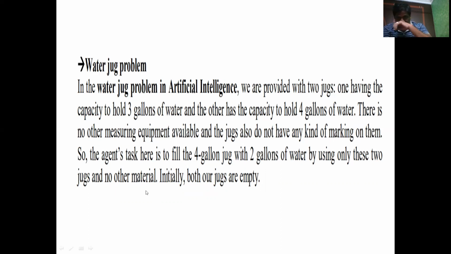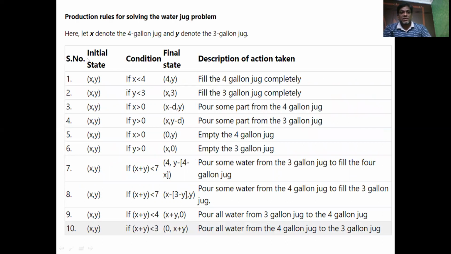The task is to fill the 4-gallon jug with exactly 2 gallons of water by using only these two jugs and without support of any other material. Initially both the jugs are empty. So this is our water jug problem, and we need to identify the steps required to fill the 4-gallon jug with exactly 2 gallons of water with the help of the 3-gallon jug. Let us assume that X denotes the state of the 4-gallon jug and Y denotes the state of the 3-gallon jug.